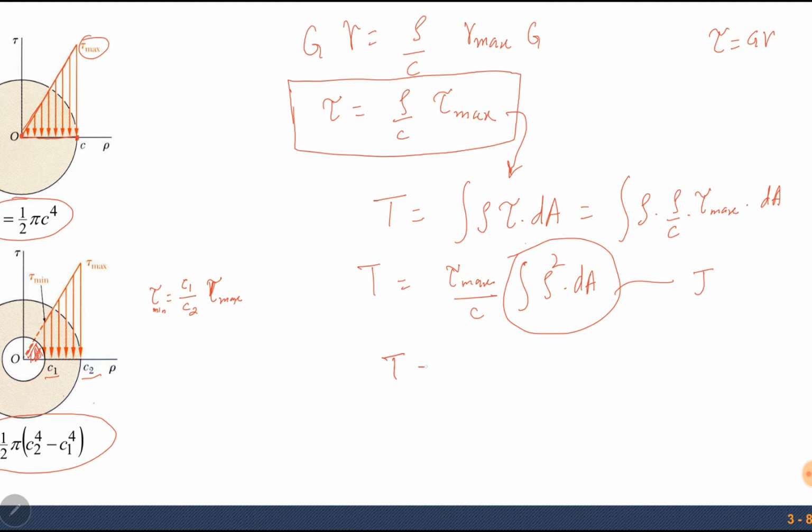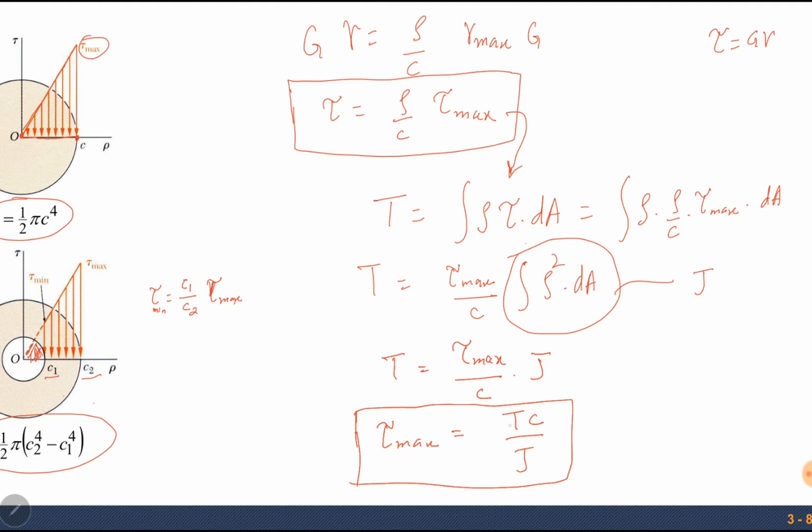So we can simplify it as tau maximum over C into J, or we can write tau maximum as T C over J. This is a very famous expression and we will keep on using it throughout the chapter. For maximum stress, this expression can be used.